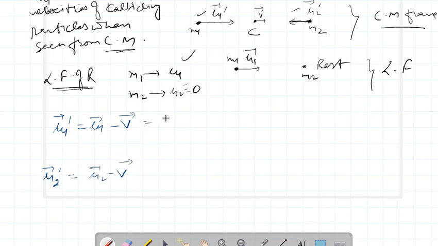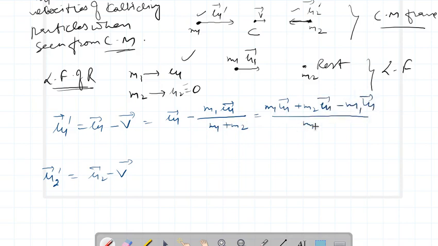This can be written as u1 minus m1 u1 over m1 plus m2. This is also discussed in the earlier lectures. So if I simplify it, it is m1 u1 plus m2 u1 minus m1 u1 divided by m1 plus m2. Similarly, it is 0 minus m1 u1 over m1 plus m2.